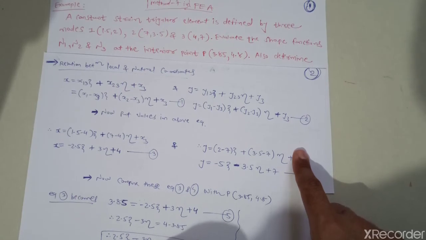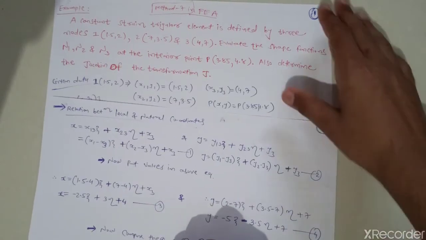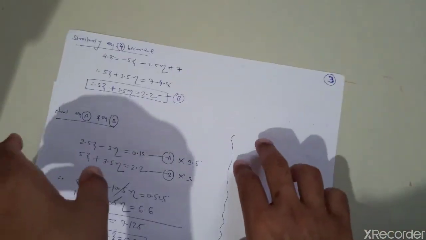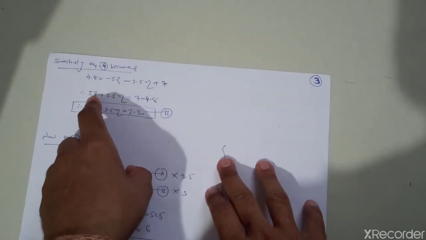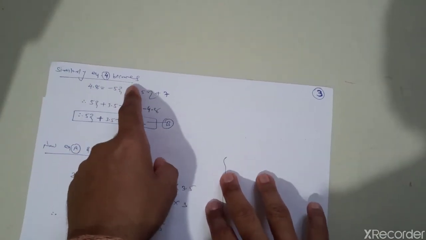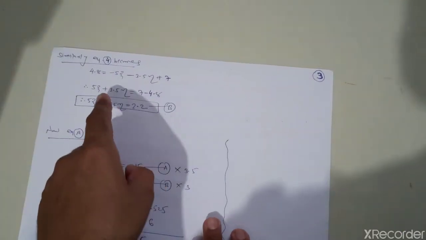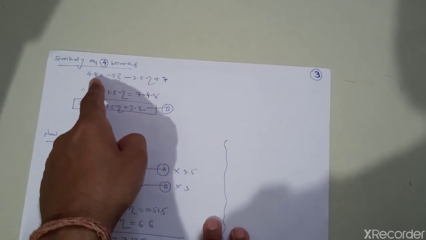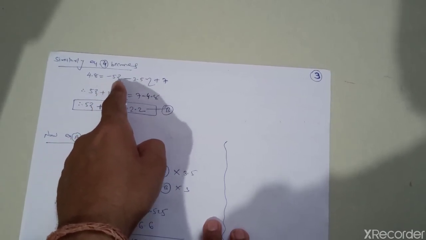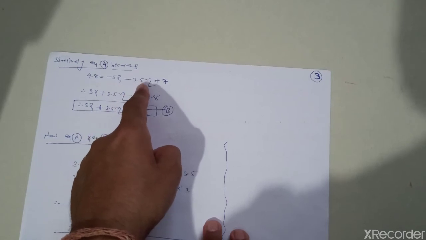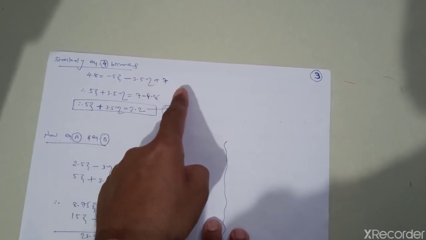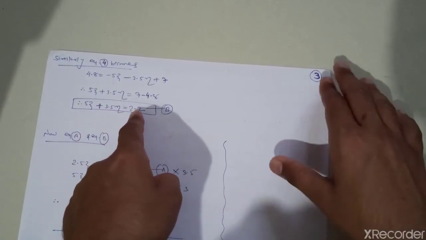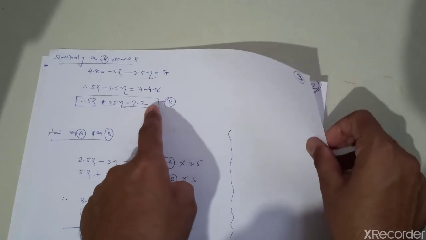This is our equation A. Similarly, simplifying equation 4, it becomes 4.8 is equal to minus 5 zeta minus 3.5 eta plus 7. So finally 5 zeta plus 3.5 eta is equal to 2.2. This is equation number B.